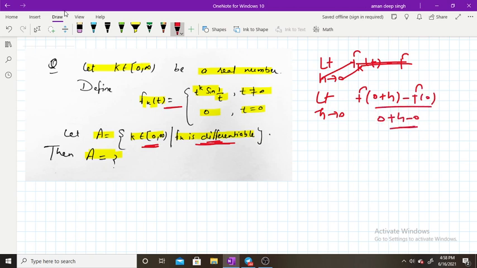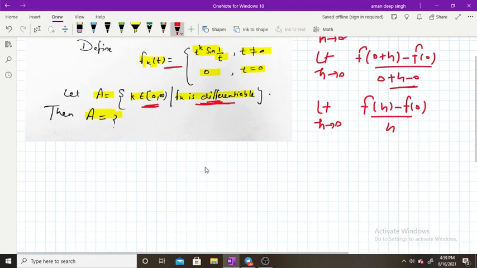This is the definition of differentiability. Now we put this function in here, so this means it is f(h) minus f(0) upon h.